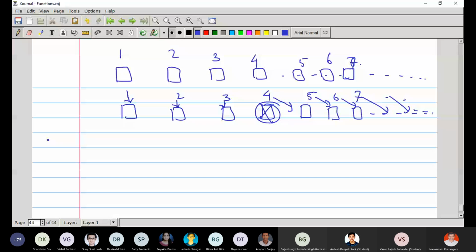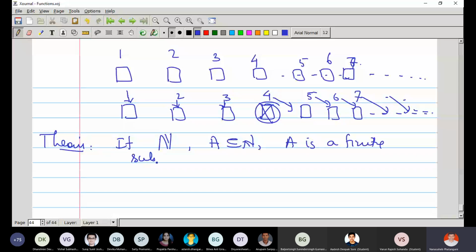If N is the set of natural numbers and A is a finite subset of N, you choose any finite subset of N. Then B is equal to N minus A. Do you understand the meaning of N minus A?